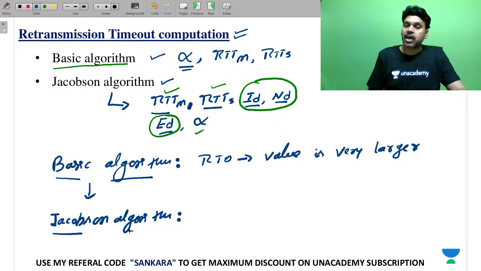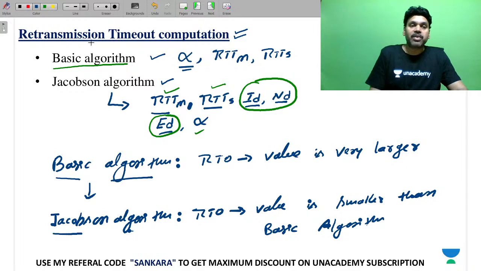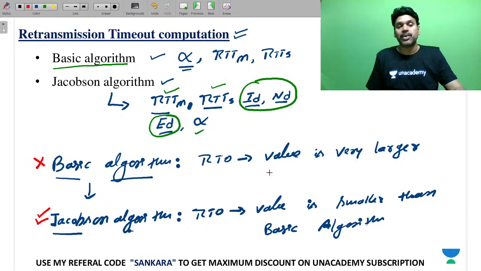The Jacobson algorithm calculates an RTO value which is smaller than the basic algorithm. That's why nowadays TCP does not follow the basic algorithm. Right now TCP follows only the Jacobson algorithm.